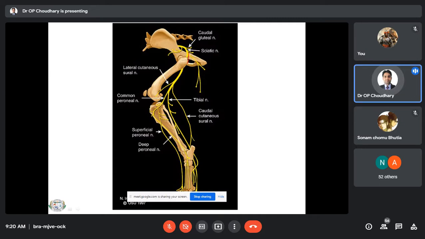So the sciatic nerve passes through here, and it passes through the muscles of the thigh region, and here will be the presence of the gastrocnemius muscle. So it bifurcates here, passing in between the medial head and lateral head of the gastrocnemius muscle. This is the tibial nerve. So the tibial nerve is the continuation of the sciatic nerve.